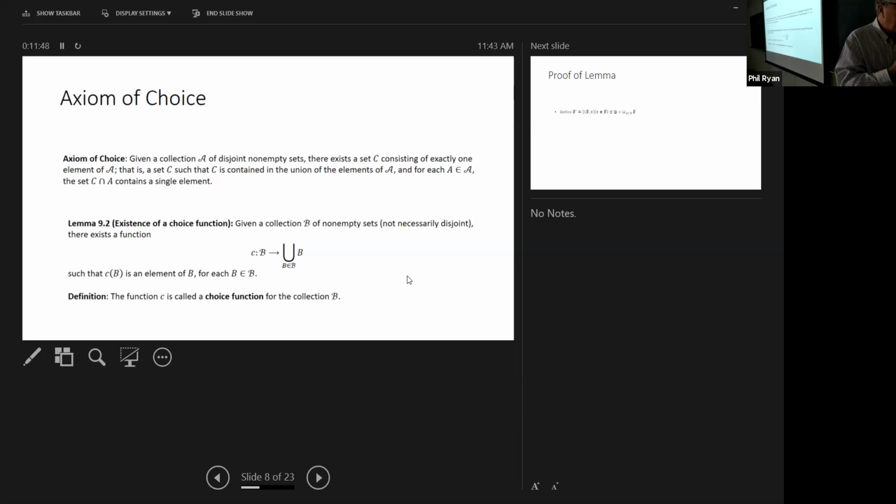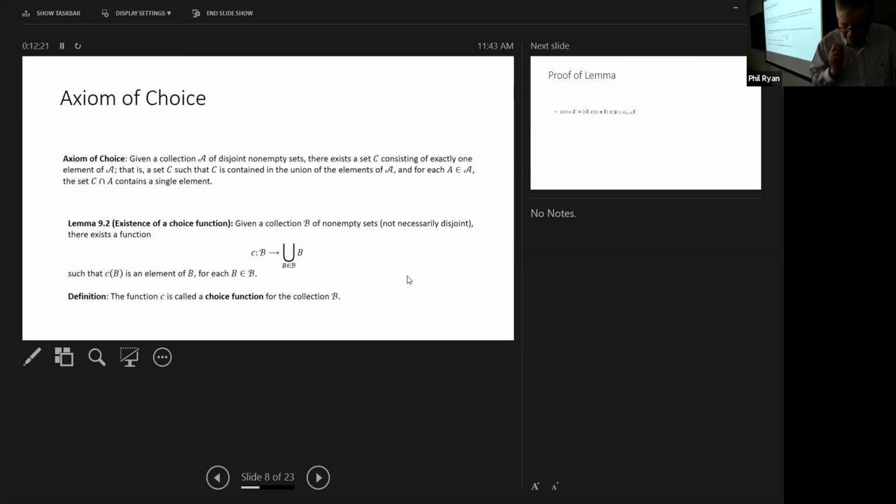Given a collection B of non-empty sets, not necessarily disjoint, there exists a choice function C which goes from that collection to the union of the elements of B, such that C of B is an element of B for every element B of our collection.